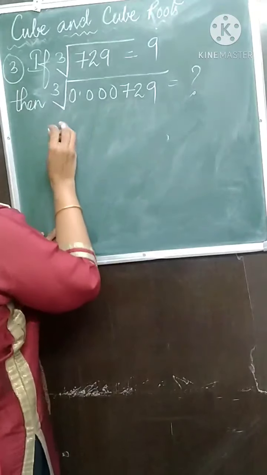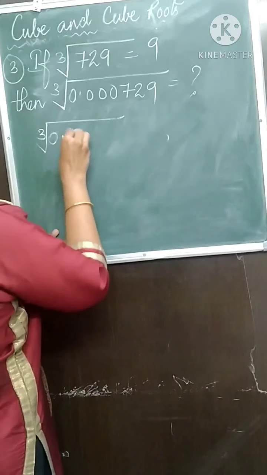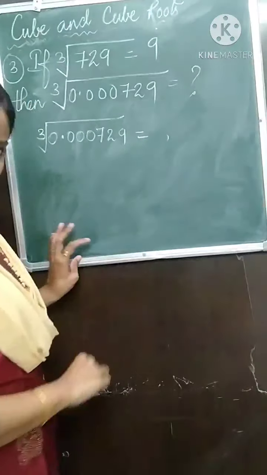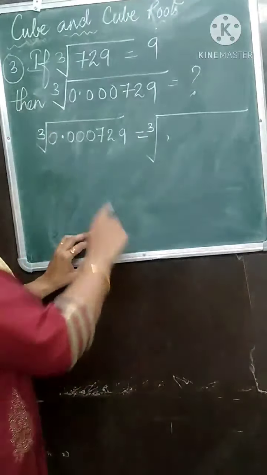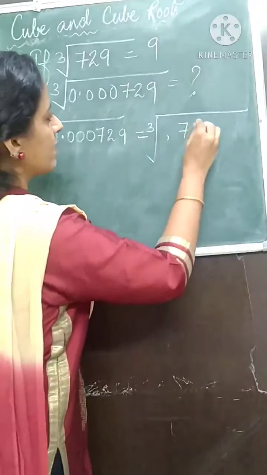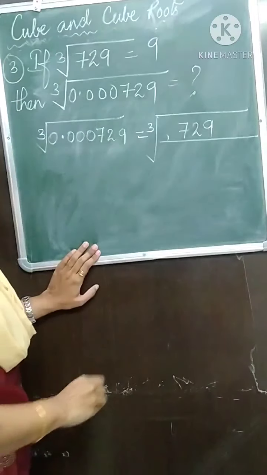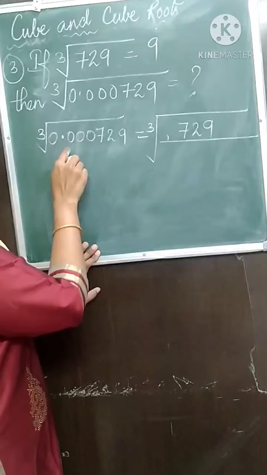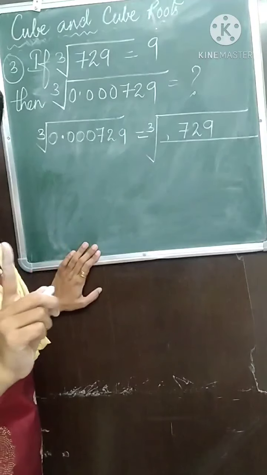Now this number I will write it as, copy this number. Cube root of 0.000729 can be written as, put the cube root sign. Without the decimal, I will write 729 upon, after the decimal point, how many digits are there? Count: 1, 2, 3, 4, 5, 6. 6 digits are there.